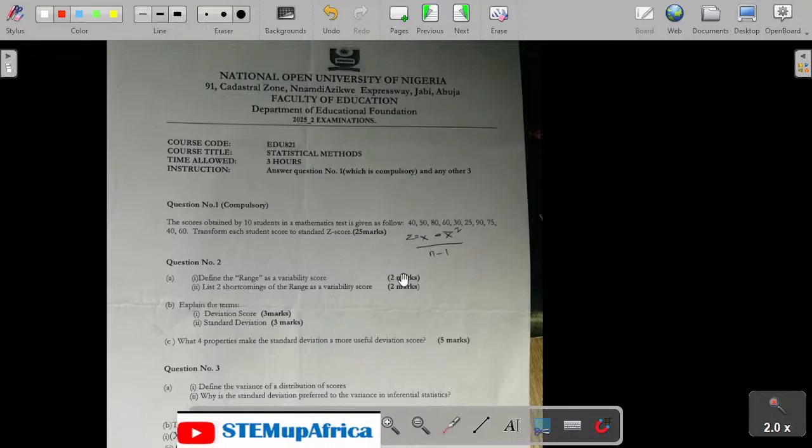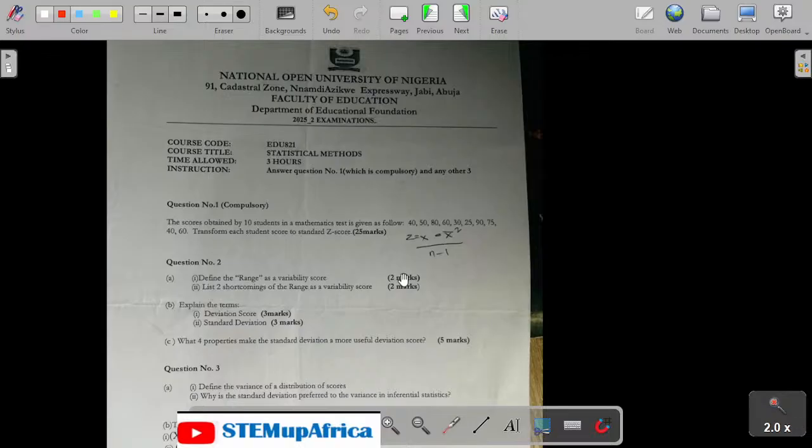So it said the scores obtained by test students in a mathematics test are given by this. Translate each score to a standard Z score. So first of all, I told you it's the formula that comes first. The formula will tell you what to do. Without the formula, you are going nowhere.